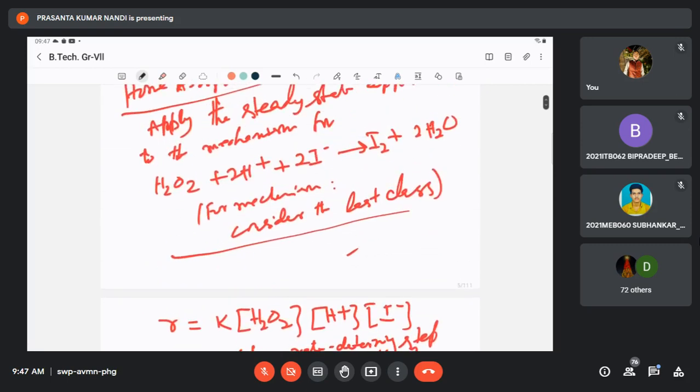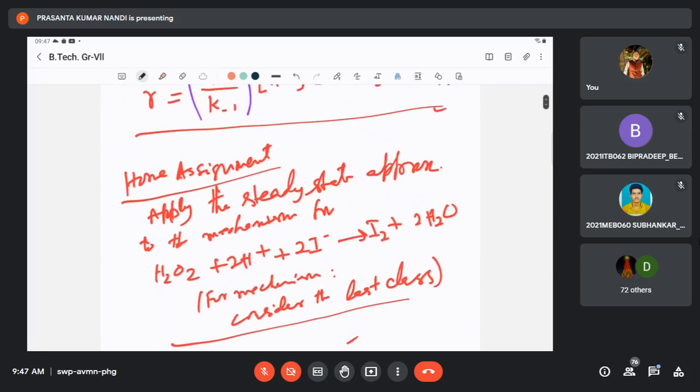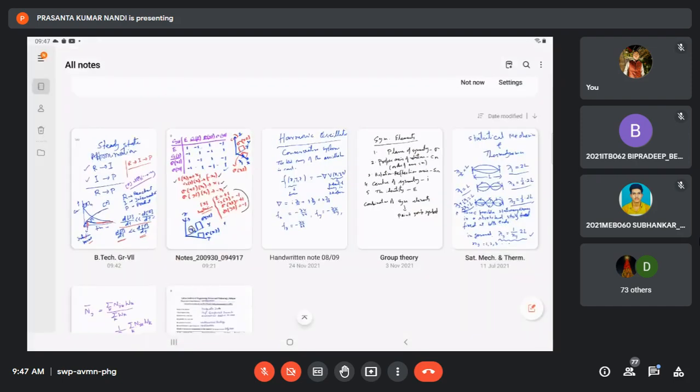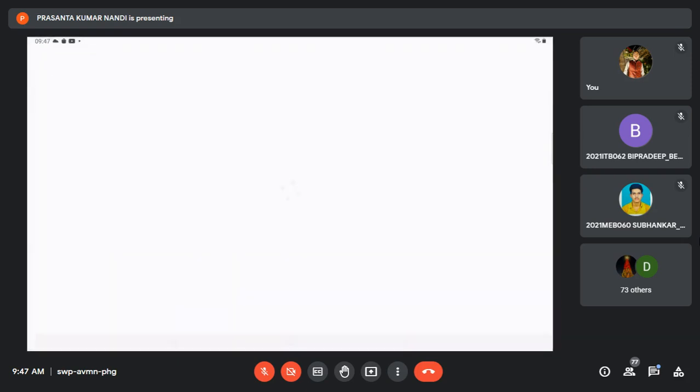So I have to give you the reaction mechanism.